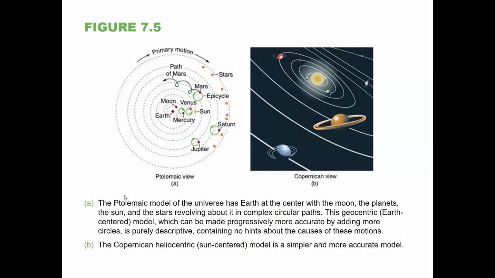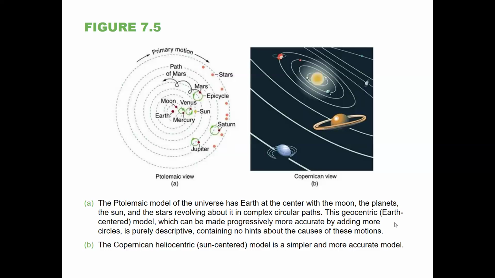So the Ptolemaic model of the universe has the Earth at the center with the moon, and the planets and the sun and the stars revolving about it in a complex circular path. This is not true.